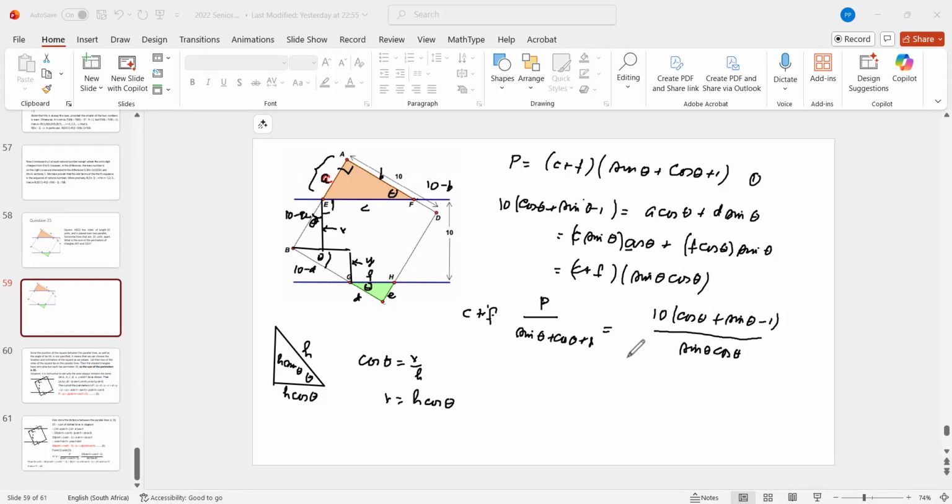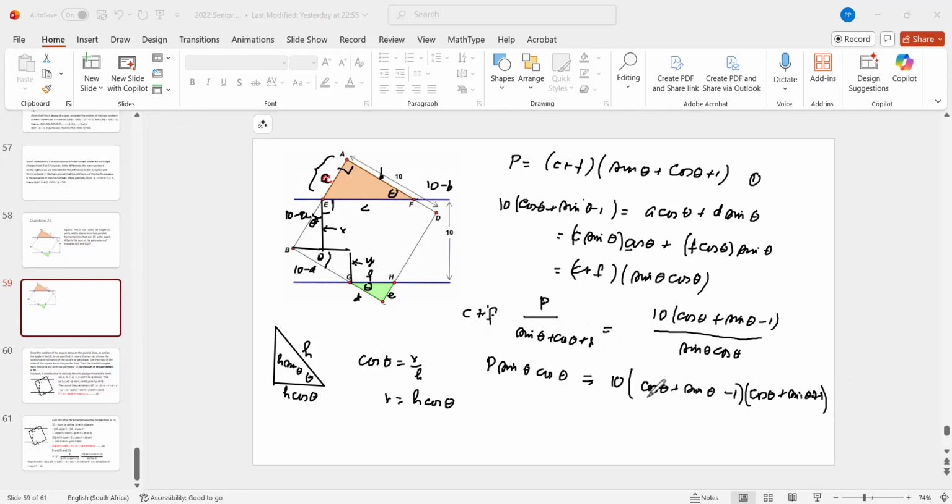So cross multiply, you get P sine theta cos theta is equal to 10 into cos theta plus sine theta minus 1. And this one here is the same thing, but I'm going to put cos theta plus sine theta. I had sine theta plus cos theta. I'm going to make it cos theta plus sine theta, but plus 1.